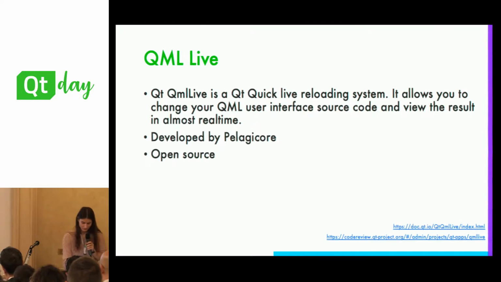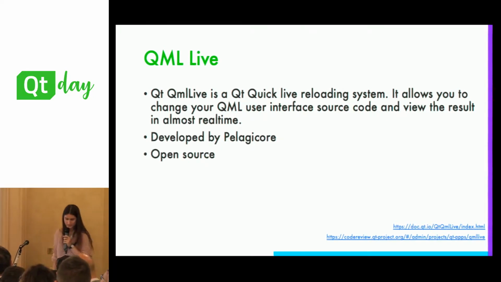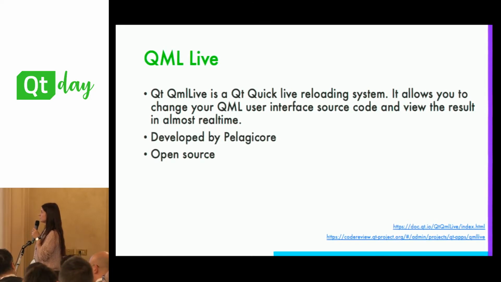Then we have QML Live. QML Live is a live reloading system for Qt Quick that allows us to make changes in a QML document and see those in real time.